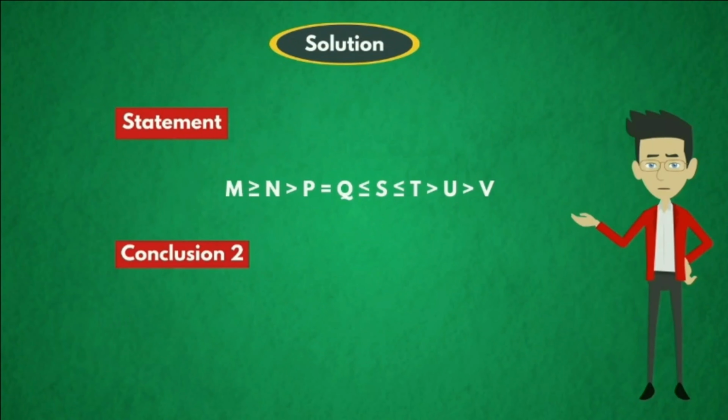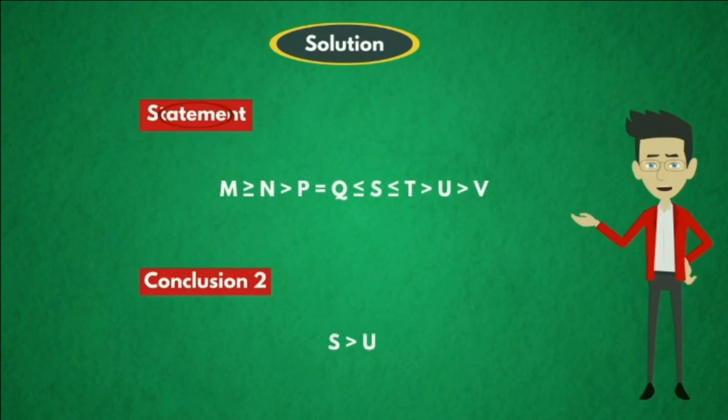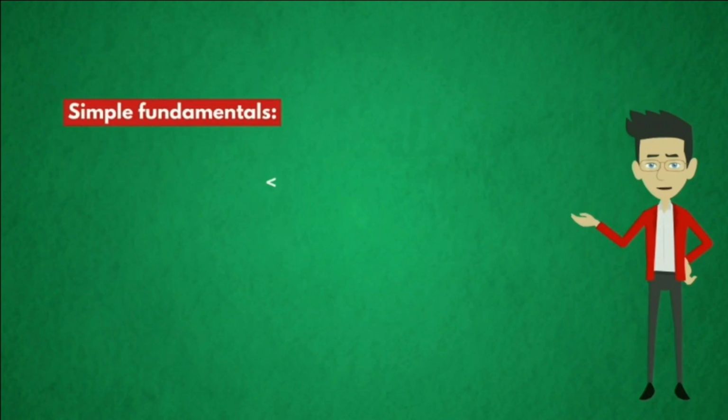Conclusion 2. S greater than U. Here in the statement, from S to U, we have different symbols. Other than these combinations, like less than, greater than or equal to, greater than, less than or equal to, greater than or equal to, less than, greater than.